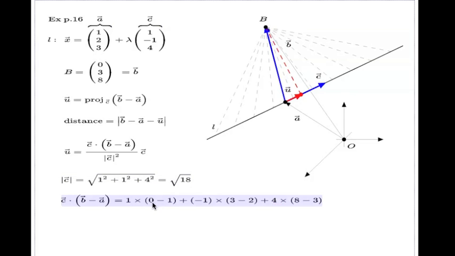The brackets here, that's the B take A vector. 0 take 1, this 0 take this 1. 3 take 2 is this 3 take this 2, and 5 take 3 is the last component in the B vector take the last component in the A vector. I think I did the arithmetic here. You can double check me if you don't believe me. I think it should be 18, right? Negative 1 here, another negative 1 here, and here 5 times 4, it's 20. 20 take 2, it's 18, yes.